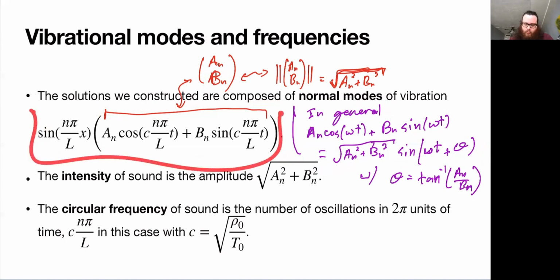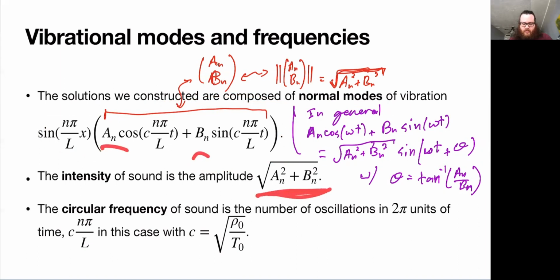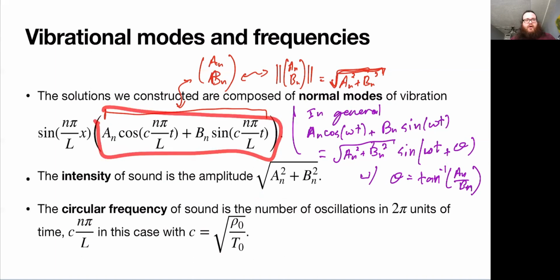Okay, so these are the normal modes. The intensity or amplitude for each of these modes is this expression coming from these coefficients. Of course, fix a point x somewhere along your string, and then let t increase, or let time evolve. Because you're working with these sine and cosine terms, the displacement of the string at that point as a function of time is going to oscillate between two values.